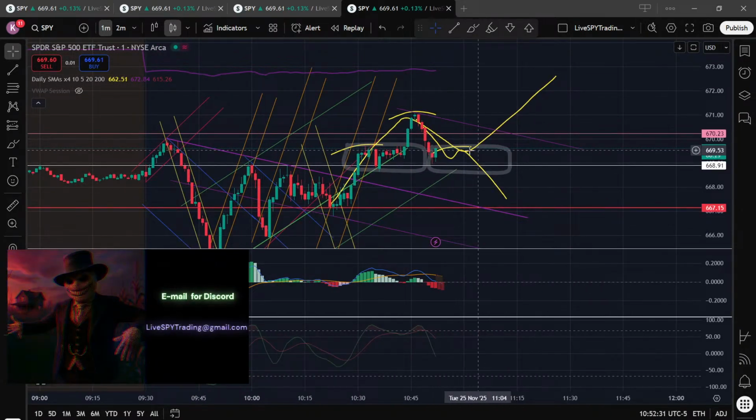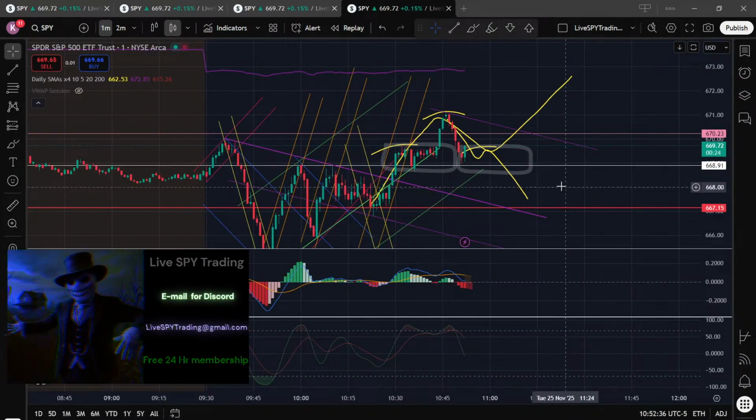All right, look, we're gonna look for if we're gonna grab liquidity from this liquidity level and push off, right?